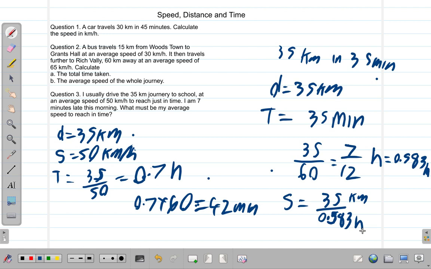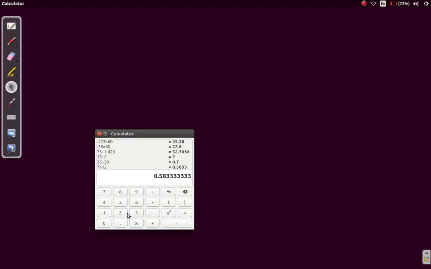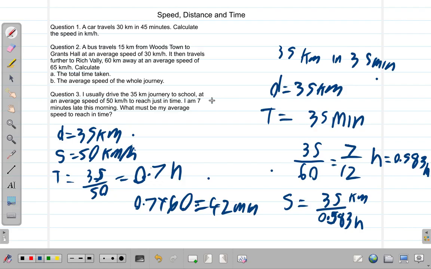Alright? 35 divided by 0.583 hours is going to be 60 kilometers per hour. So you see that I usually drive 50 kilometers per hour. Now I have to drive at 60 kilometers per hour to reach in time.